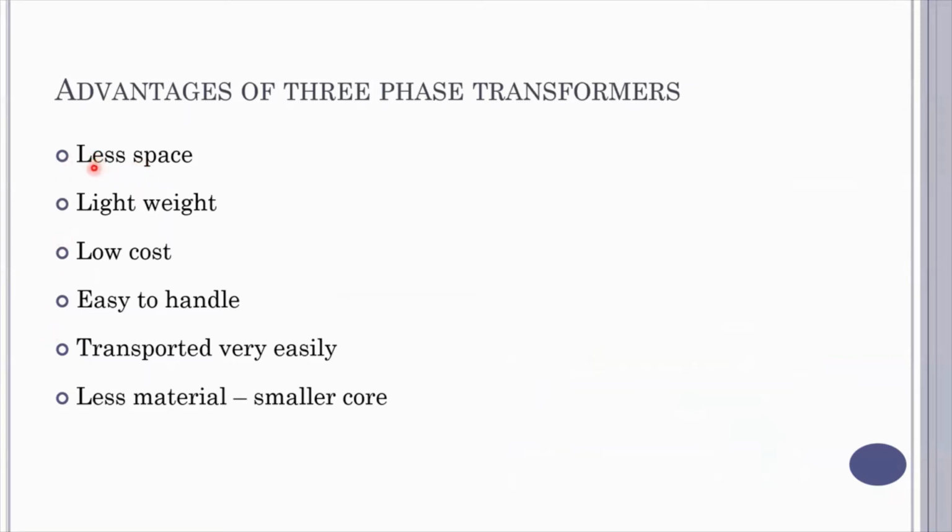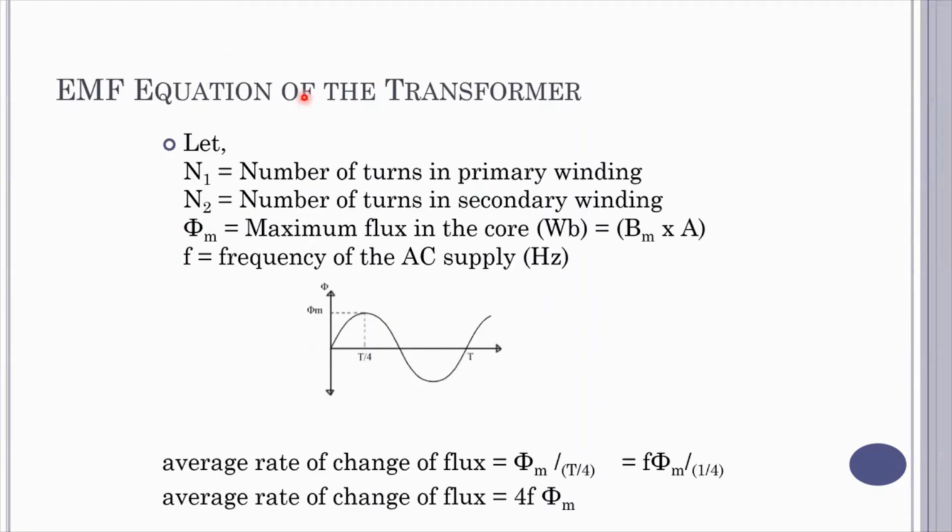So instead of having just one set of winding within the core, it is much easier to have 3 sets of winding within the transformer core, and hence less space, and we use a minimum amount of core. So the weight is reduced, cost is reduced, and it's easy to handle, and it could be easily transported. So because of these advantages, we usually prefer to go for a 3-phase transformer.